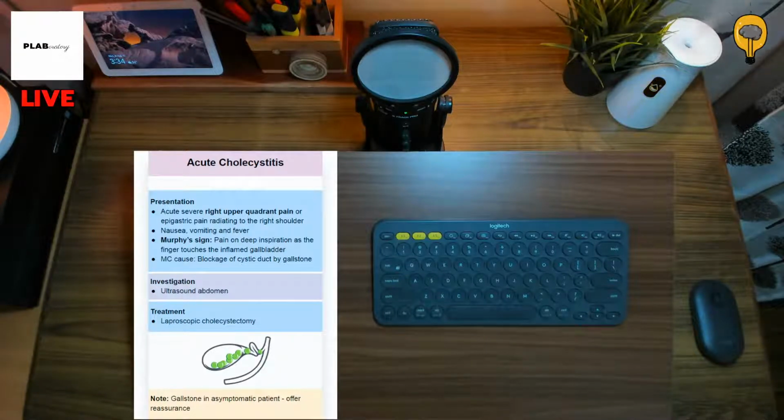So Murphy's sign, how is it elicited? Murphy's sign is said to be positive when we lay two fingers over the right upper quadrant and ask the patient to breathe in.